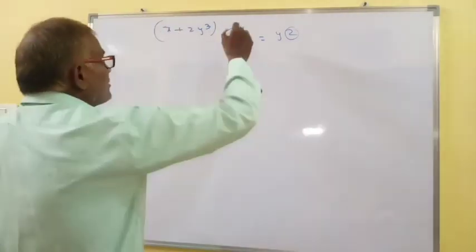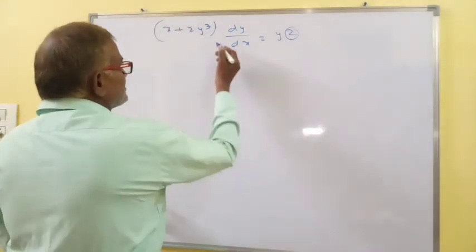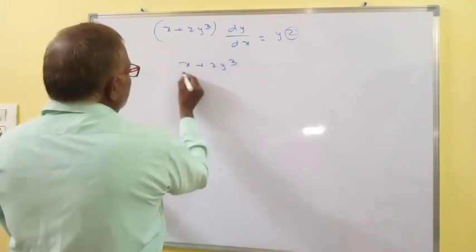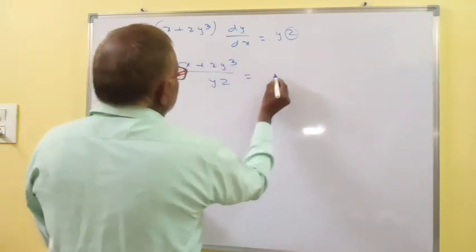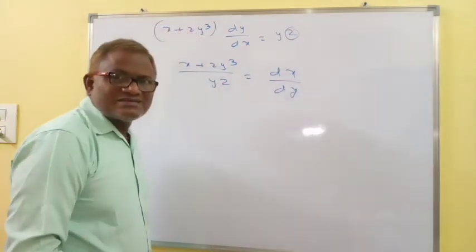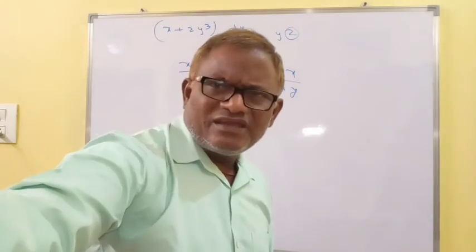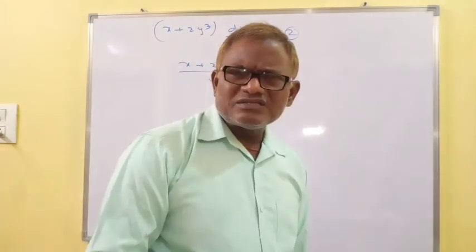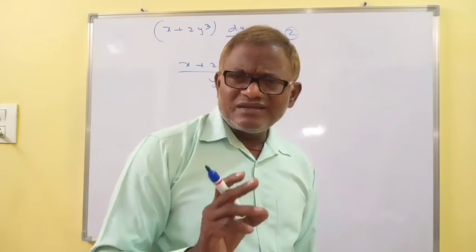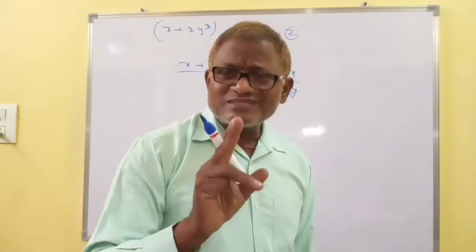That means what you have to write is, first of all, x plus 2y cube by y square is equal to dx by dy. Because here, clearly, the given one is linear in x only.